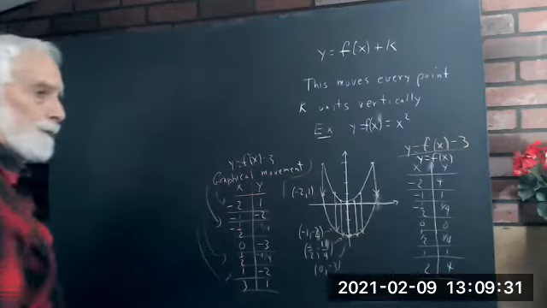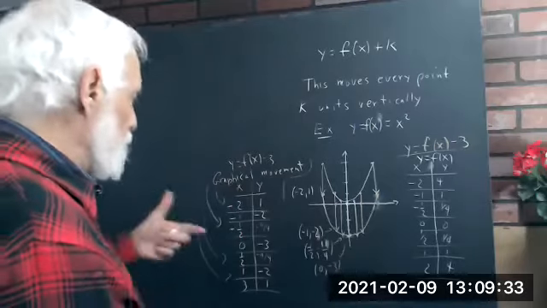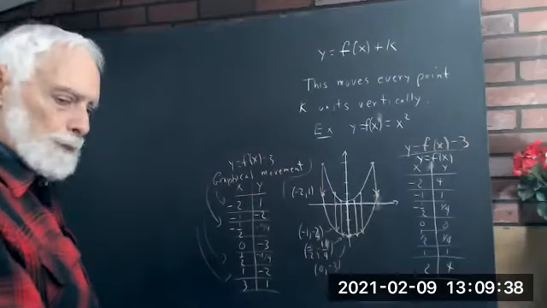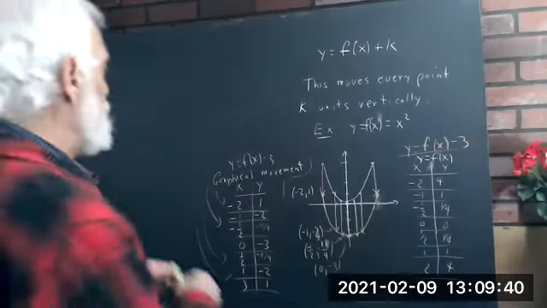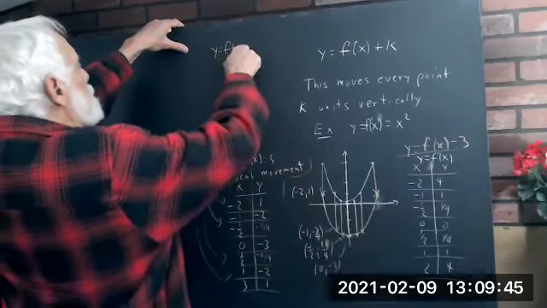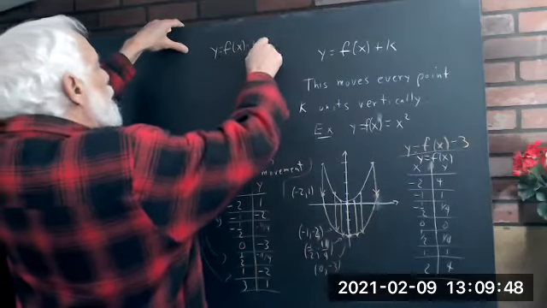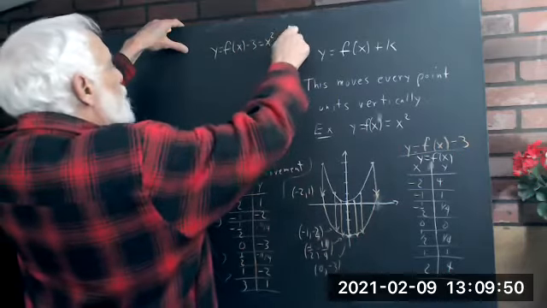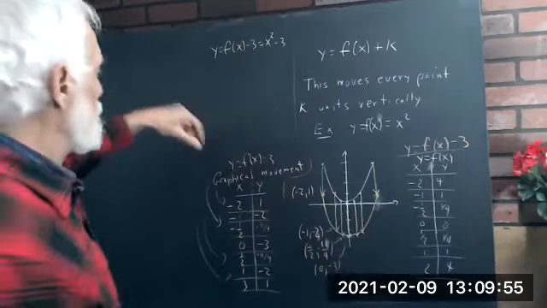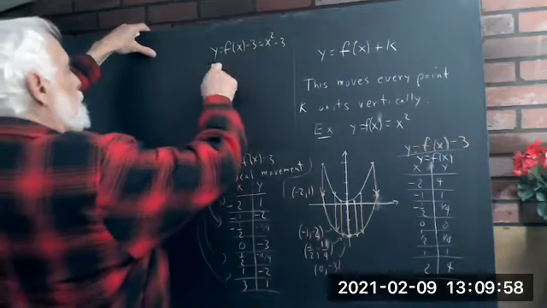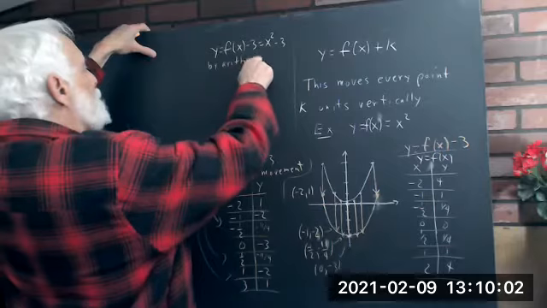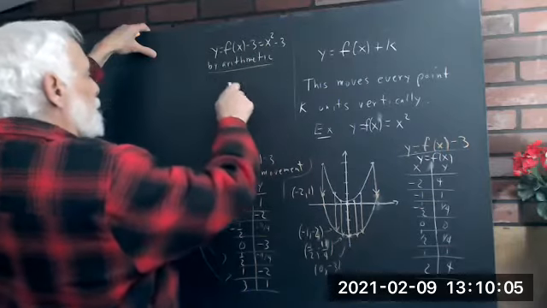Gives you all this. Well, everything's not just graphical movement. We can also do y equals f of x minus 3, which is x squared minus 3, by arithmetic.